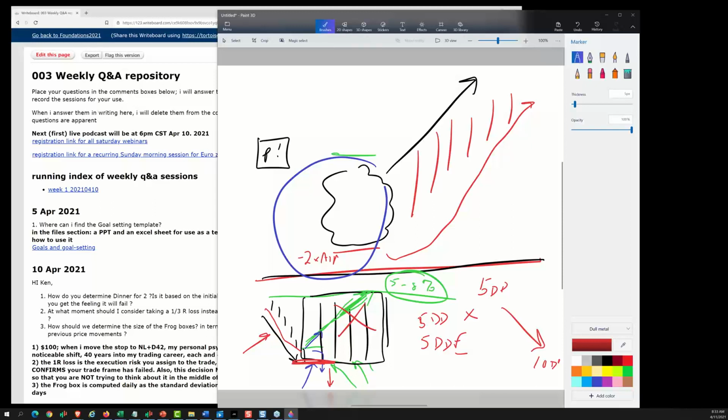That's the much better trade, is not to just stick around and eat a 2 ATR loss, but to stop and reverse right here. Why? Because I understand the pattern, and I understand that a 5DDF is a positive expectancy trade. So for me to stay in the trade longer than this tiny little risk box would be stupid. It would be a misunderstanding of what that pattern really generates.